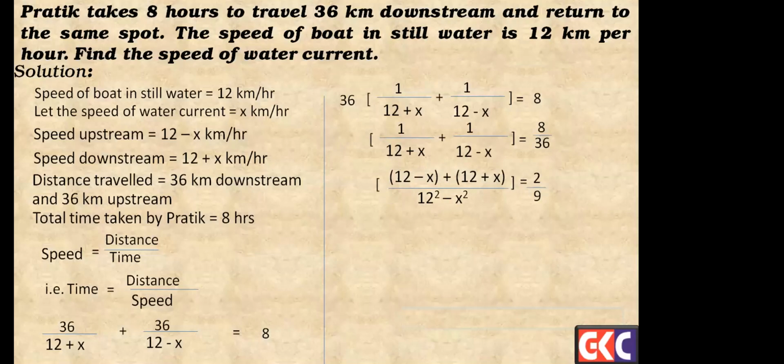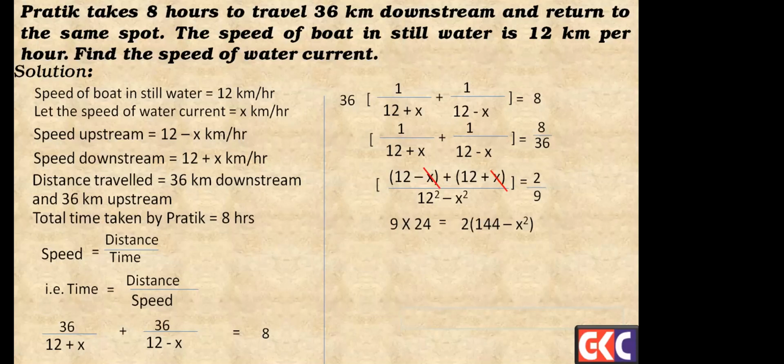And what is that? 12 square minus x square. Okay, (a plus b)(a minus b) is a square minus b square ना. So that is what we have here, which we can expand, but उसके पहले minus x plus x will get cancelled. See, bracket के बाद plus sign है, it is not going to make any sense. Okay, और 12 plus 12 कितना हो जाएगा? 24. So automatically you got that 9 came on the other side, multiplying with 9 into 24, upon क्या है? 12 square था, 144 minus x square, went on the other side multiplying with 2.